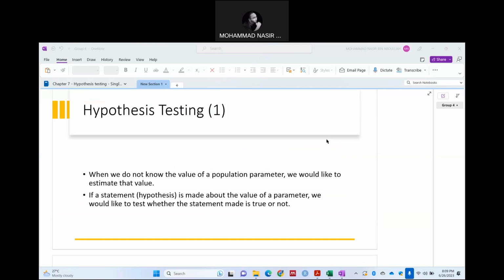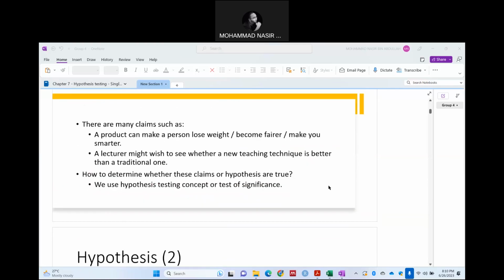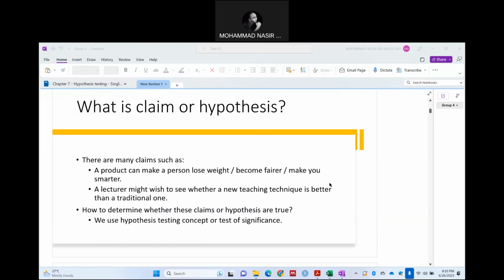So when we have already estimated the value, then we need to test whether the value that we calculated is correct or incorrect. So then we need to do hypothesis testing, to test whether the value that we calculated is correct or not.